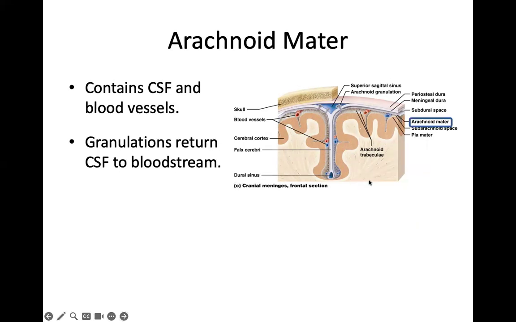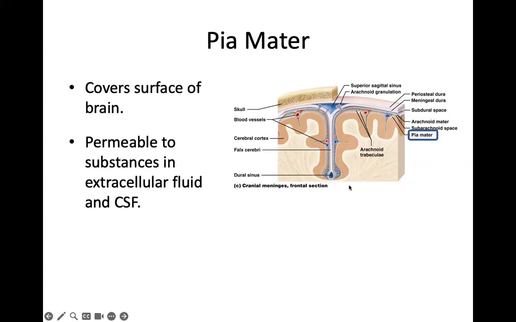The arachnoid mater is important for us to know because it contains CSF, cerebrospinal fluid, in the subarachnoid space. Granulations return CSF to the bloodstream, and this is the point to note where the CSF ends its journey. Later on, I'll tell you its beginning and end. This is the last part, the granulations, where it will be taken back into blood flow.